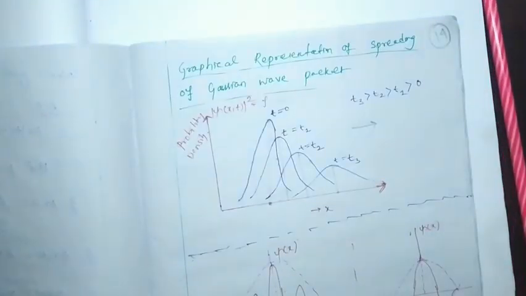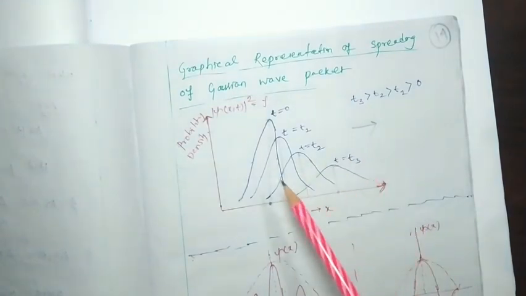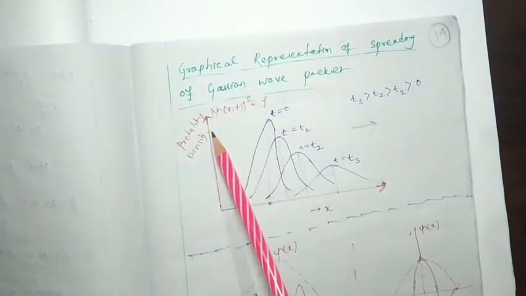Here you have to watch carefully. Suppose at t equal to 0, the maximum of the probability density is this one.